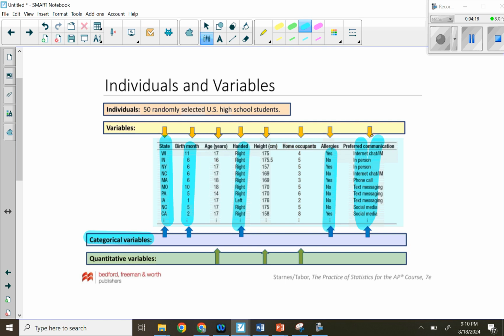And even though we see birth month as a number, you're not really measuring it. It's just that oftentimes we describe birth months as numbers. And then the quantitative variables: you can measure age, you can measure height, and you can count the number of people in a house.